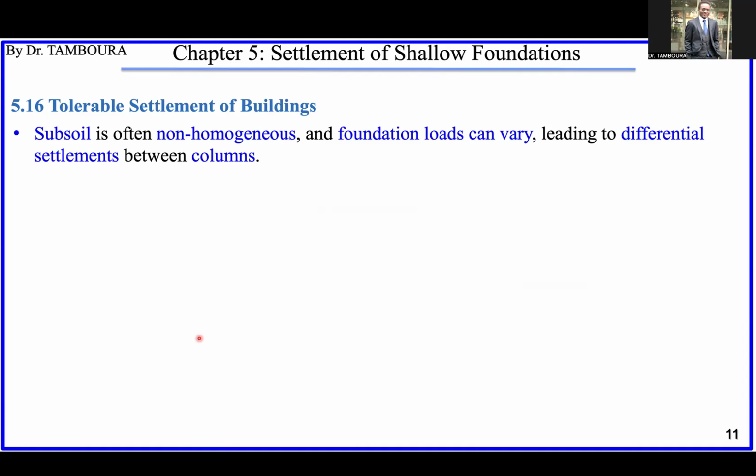Each footing cannot be supporting the exact same value of load, even though theoretically you calculate it is same, but when the building is in use, the load can vary from one footing to another.